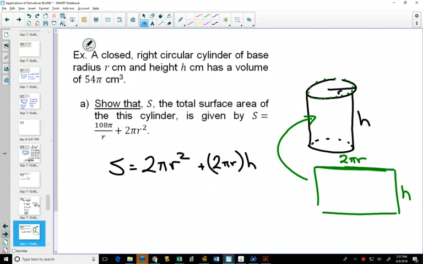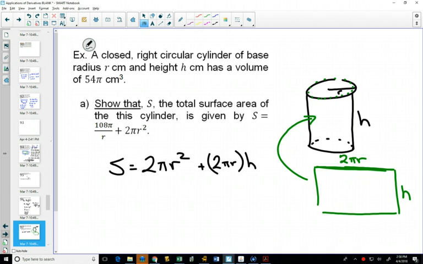Our formula right now has two variables, r and h, on the right-hand side, and that will make it not possible to do the derivative unless we do implicit differentiation, which we don't want to do right now.